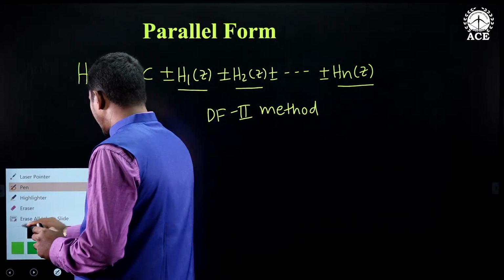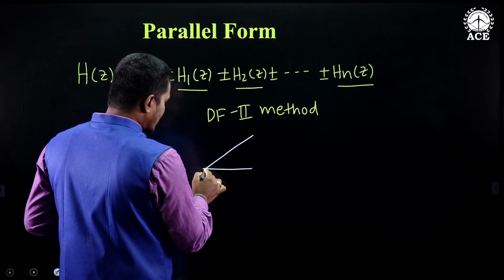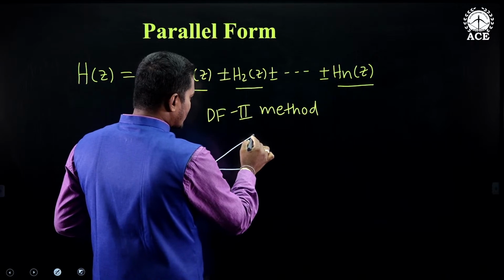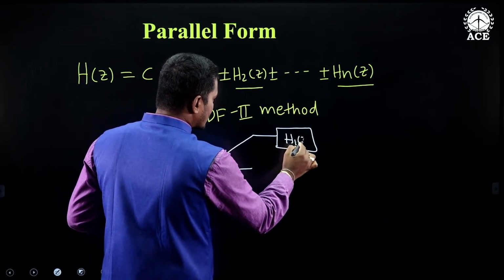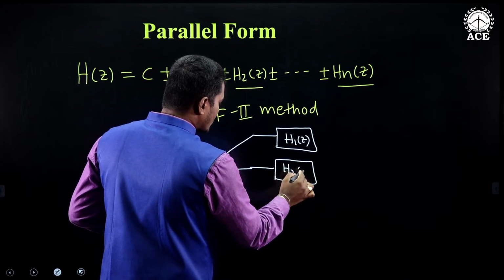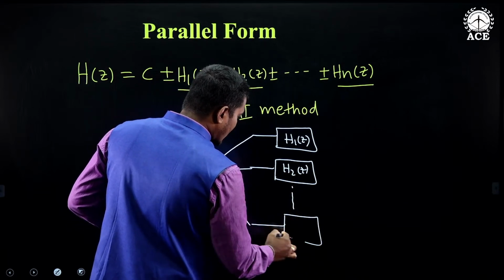What is the structure you will get in the direct form 2 method? It is a parallel form now. In the parallel form, input is same to all the systems. So this is H1 of z, and this is H2 of z, and up to so on, this is Hn of z.